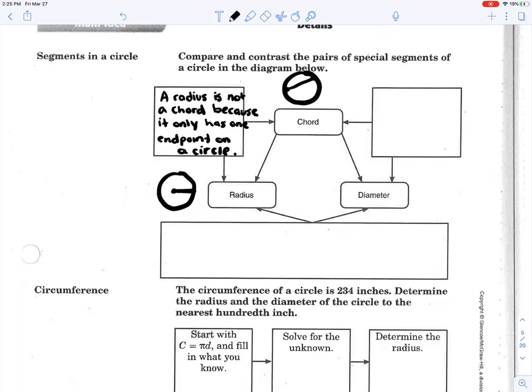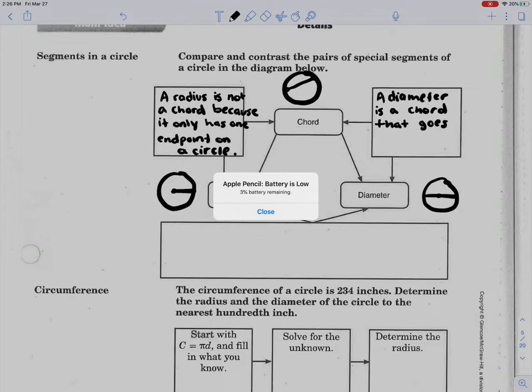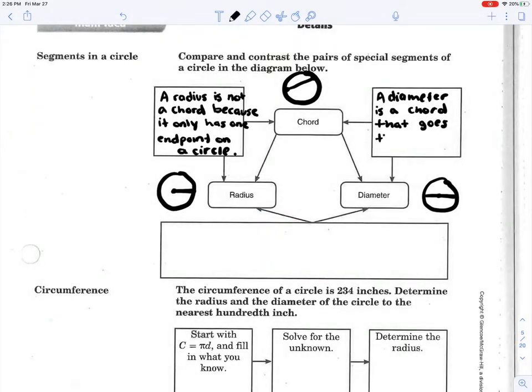Okay, what about a chord and a diameter? Well, we said a diameter is a chord, but it goes through the center. So I could say just that. A diameter is a chord that goes through the center.